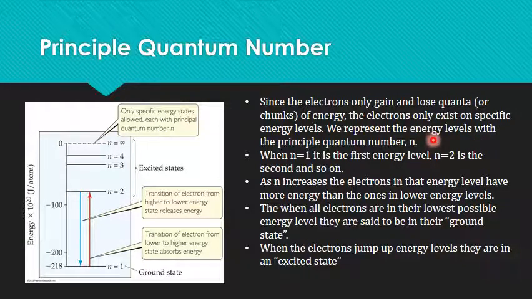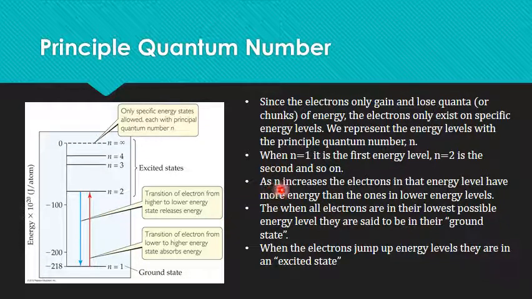We represent the energy levels with what we call the principal quantum number, which is the letter N. So our principal quantum number is symbolized by N, and the numbers given to N represent the energy level. So for instance, when N equals 1, that's our first energy level. When N equals 2, it's the second energy level, and so on and so forth.